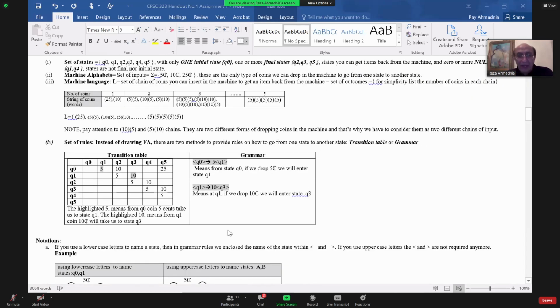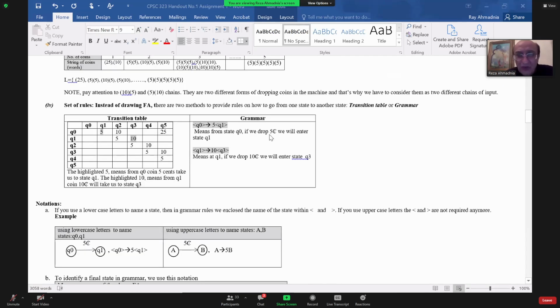Now, to understand this better, I go through a few more examples. If you name your states with a lowercase letter, then the grammar is: from Q0, drop 5 to enter Q1.